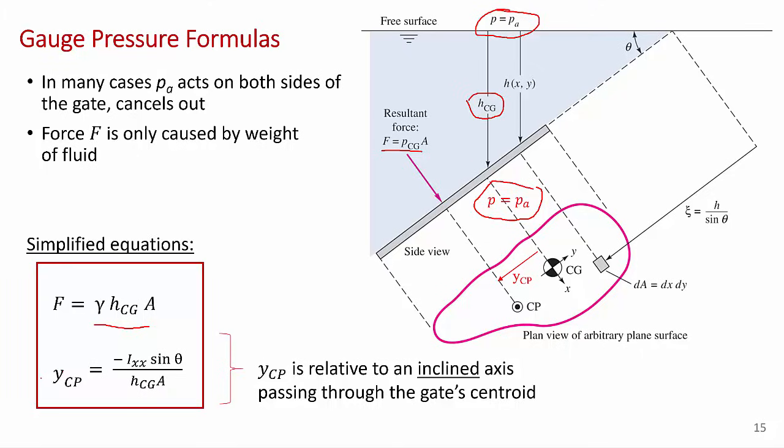And similarly, YCP, the location of the center of pressure, measured downward relative to the center of area, is minus IXX, that's around a horizontal axis, times sine theta, over the depth of the center of gravity times the area. And you have to remember, and I want to emphasize this, that YCP is measured on an axis inclined at the angle of the gate. We'll do an example later on where we use that fact.